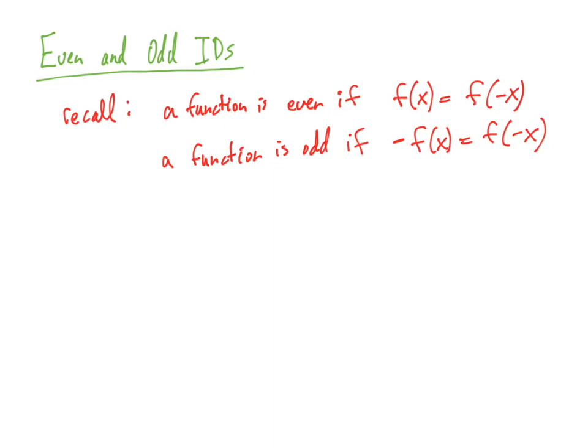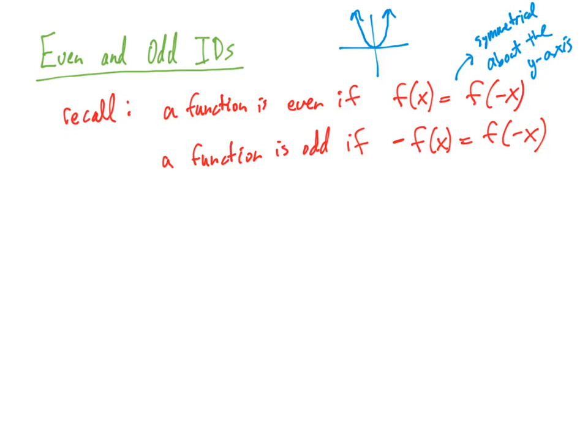So this was covered in college algebra, and a way that we can think about each of these graphically. An even function is symmetrical about the y-axis. Okay, so something like the quadratic function, that's going to be an even function. It's symmetrical about the y-axis.